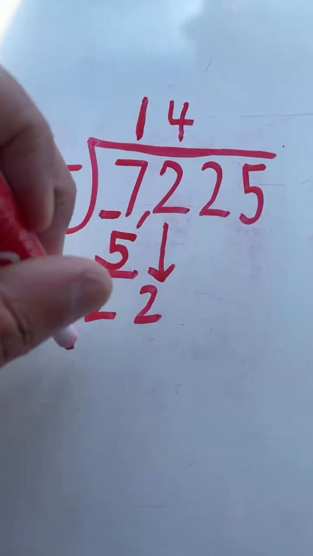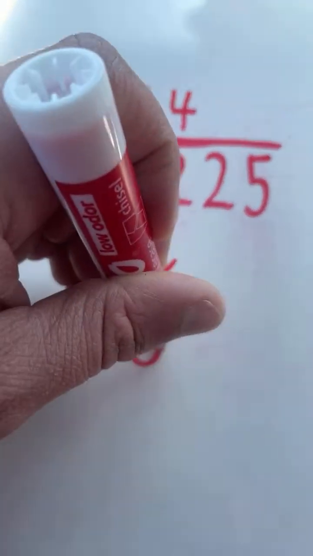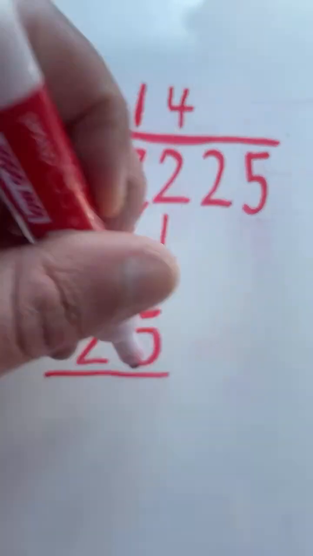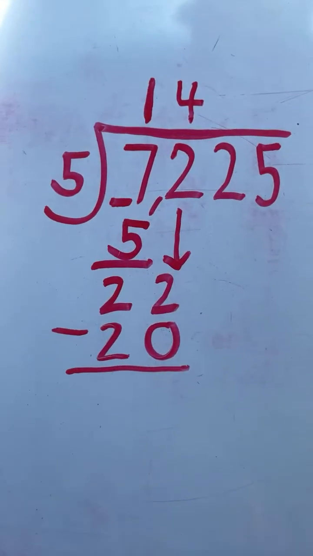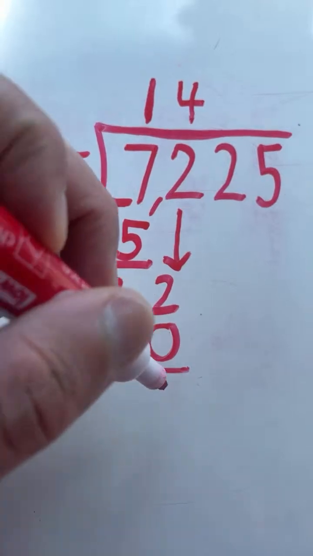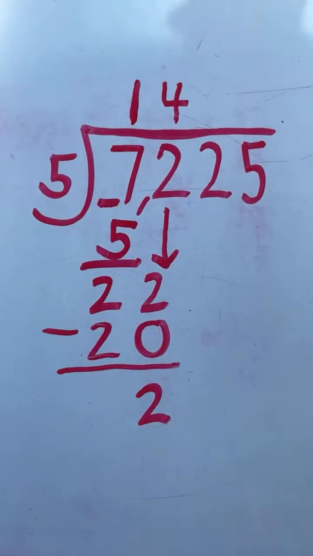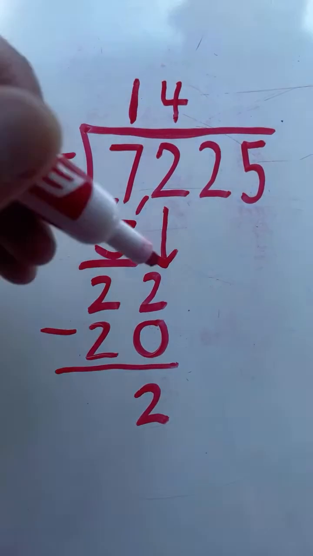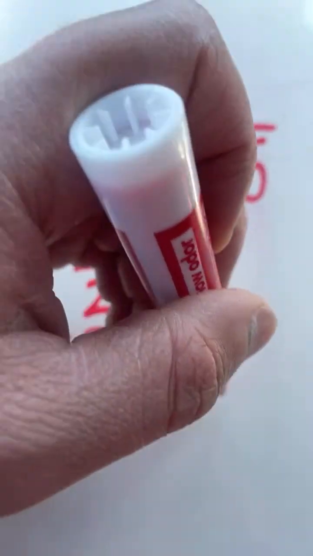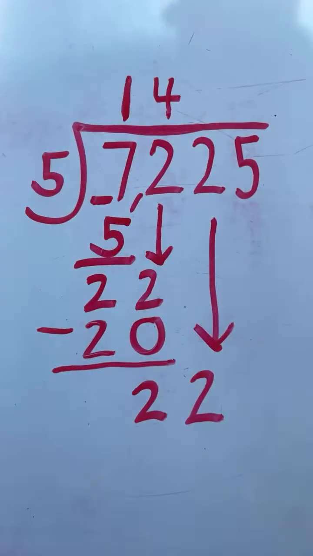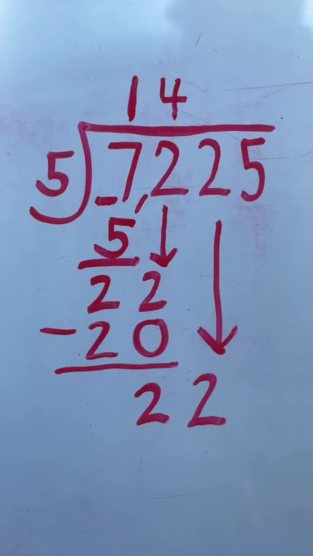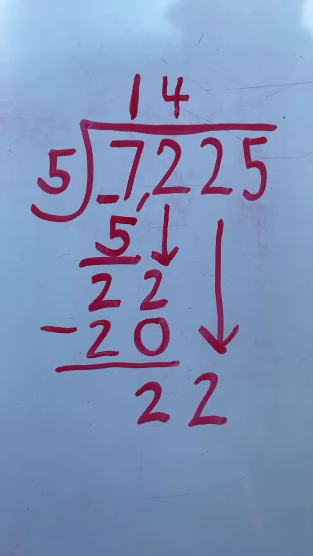So 20 is what we need to subtract. 22 minus 20 equals 2. We have a remainder of 2. Next, we bring down our second 2 over here. Again, we have to figure out how many groups of 5 go into 22.